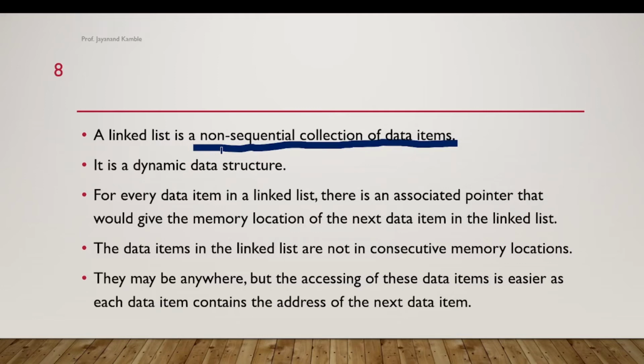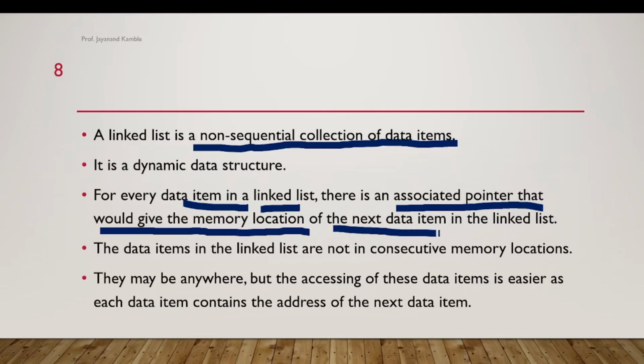Is this clear? Okay. Now, for every data item in a linked list, there is an associated pointer that gives the memory location of the next data item in the linked list. That means every item in the linked list is associated with a pointer, and we know that a pointer contains an address. So what does it contain?